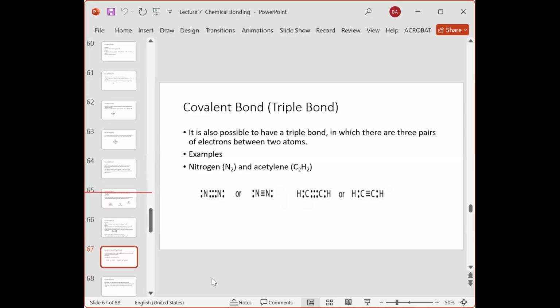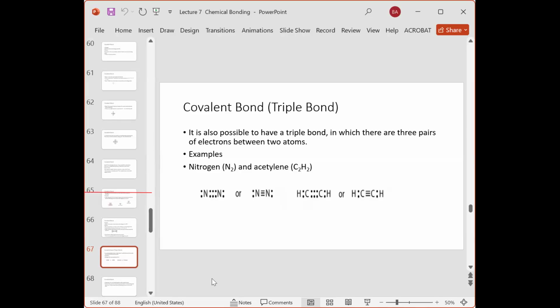So how are you going to satisfy the octet? Definitely there has to be a triple bond somewhere between the nitrogen atoms. So you put 3 pairs inside, which bond the two nitrogens, then you put 2 and 2 outside. Then you are done. That's how it goes.